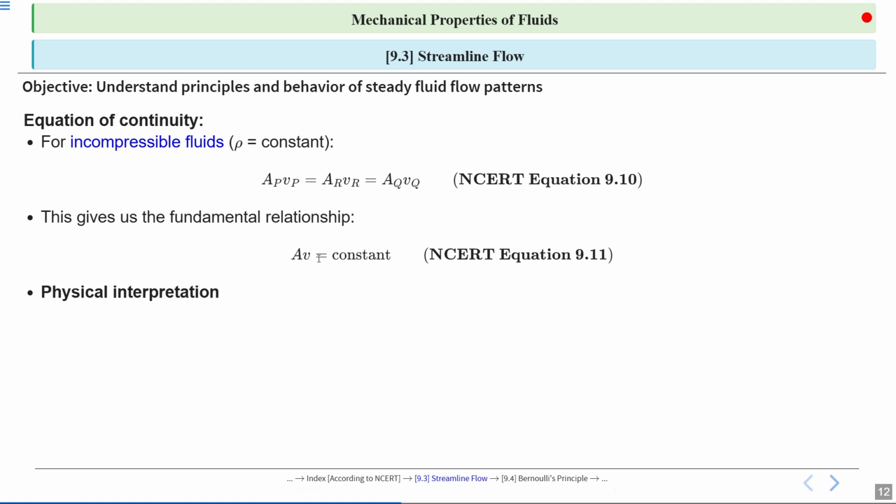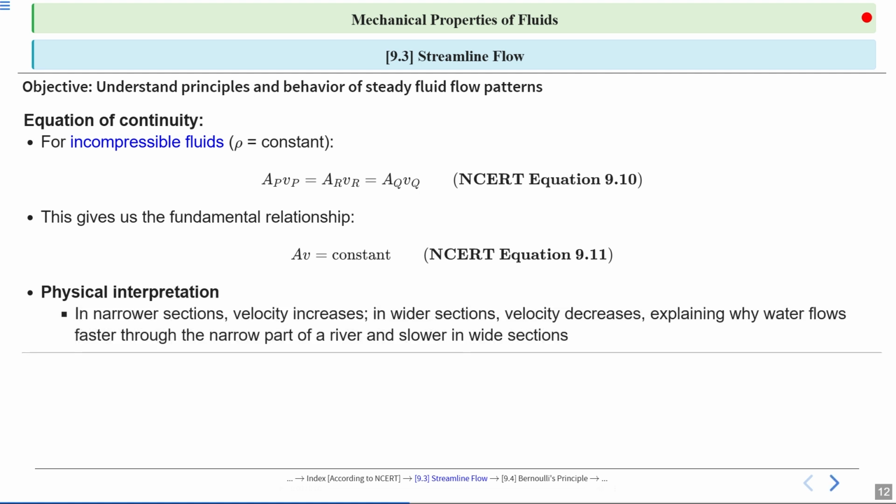This is a direct consequence of the equation of continuity, and you can observe it in everyday life. All right. So we know in narrow sections velocity increases, in wider sections velocity decreases, explaining why water flows faster through the narrow part of a river and slower in wide sections.